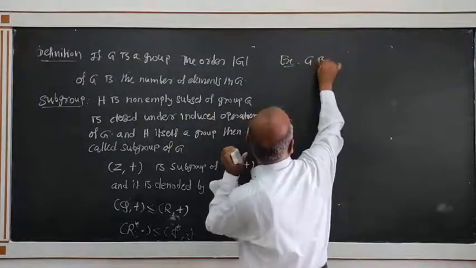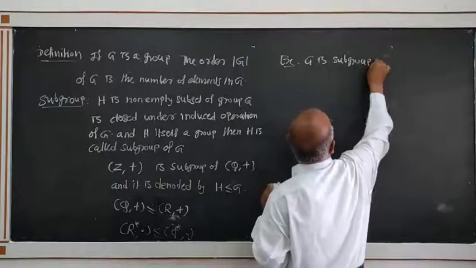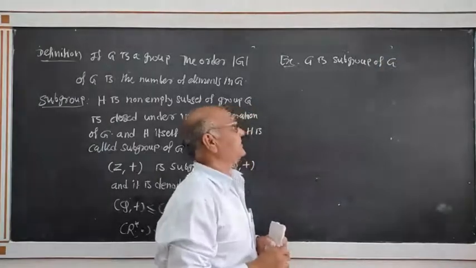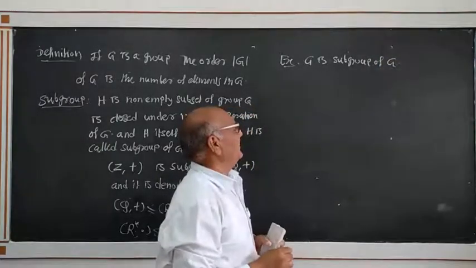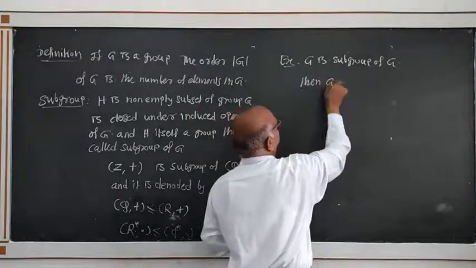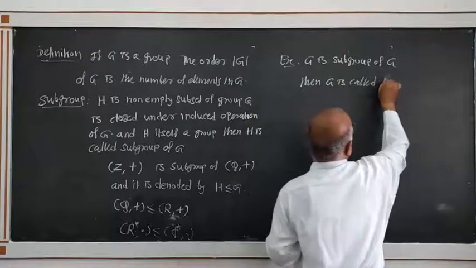G is a subgroup of G with any binary operation. Then G is called the improper subgroup.